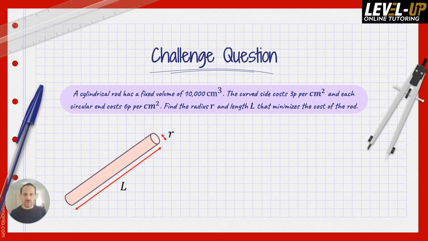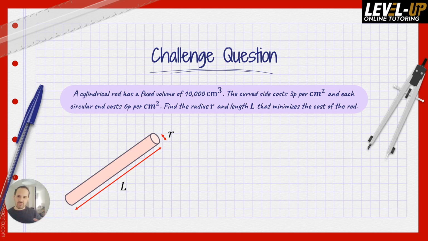And it's a little bit different, this one. You see the curved area, so that area going around the cylinder, costs us 3p per centimeter squared, whereas the circular ends on each end of the cylinder cost us 6p per centimeter squared.